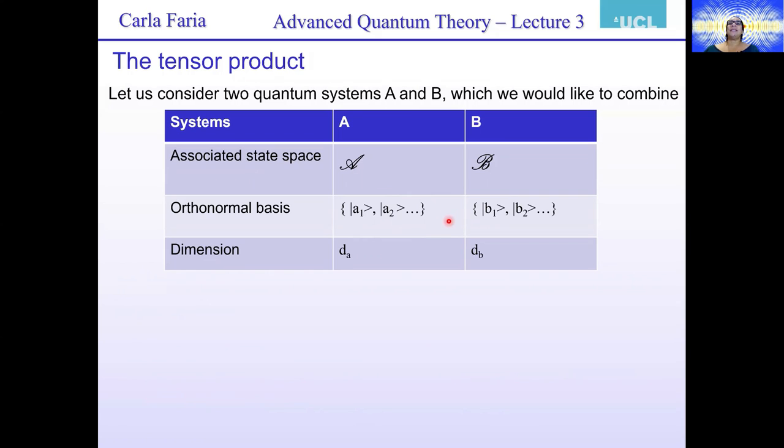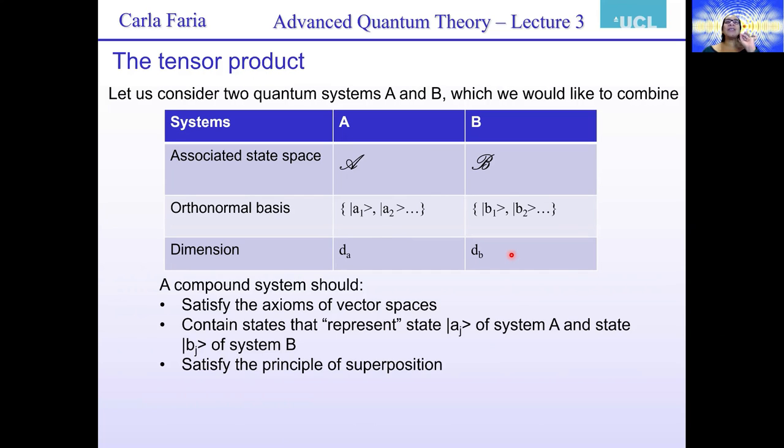So this basis, kets A1, A2, etc., span space A, and these kets B1, B2, etc., span the space B, and they have dimension dA and dimension dB. So we have these two quantum systems, electron 1, electron 2, or for instance, electronic and nuclear degrees of freedom in a molecule, etc.